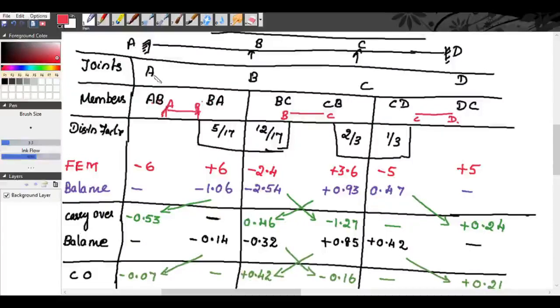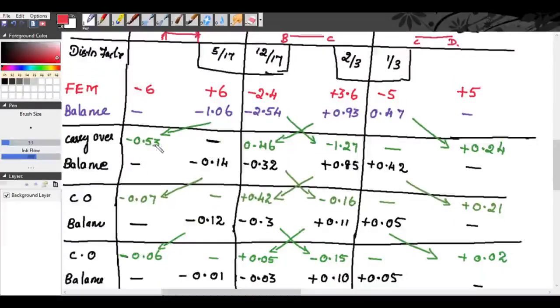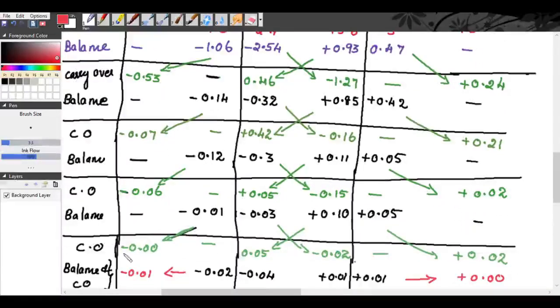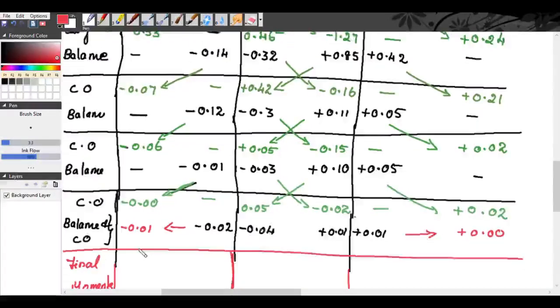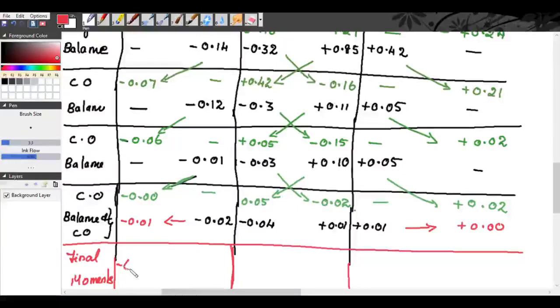Under AB, this is at A. For the span AB at A, the final end moments are minus 6, minus 0.53, minus 0.07, minus 0.06, minus 0.00, minus 0.01. You add all these things, you get minus 6.67. This is your final moment, that is MAB. MAB is minus 6.67.